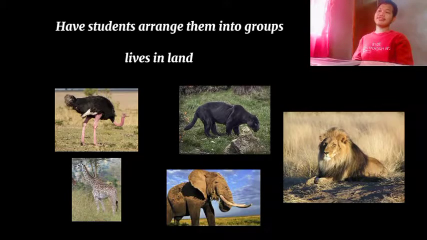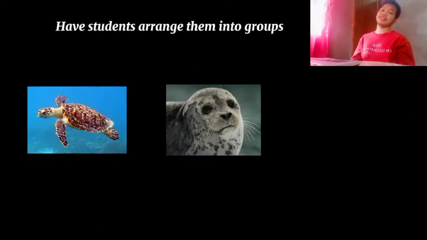The second step is to have the students arrange them into groups. After the teacher shows those pictures, the teacher will give them 10 different images of different species.